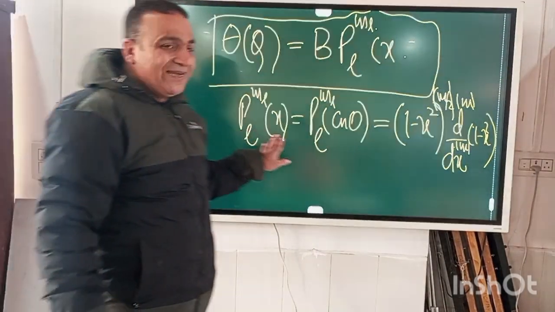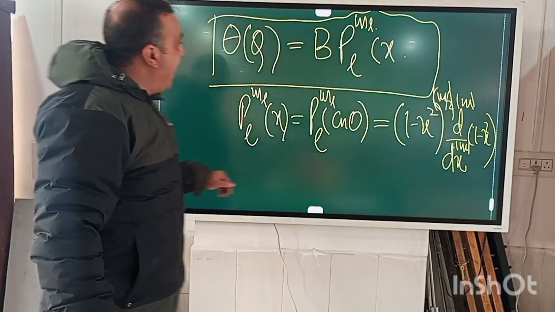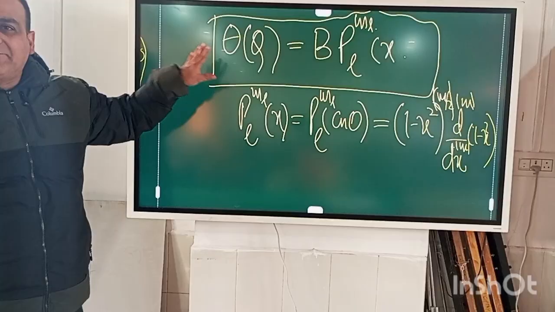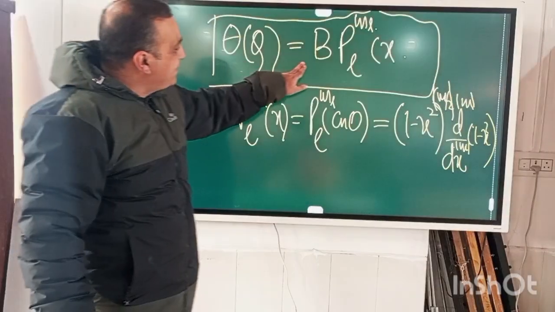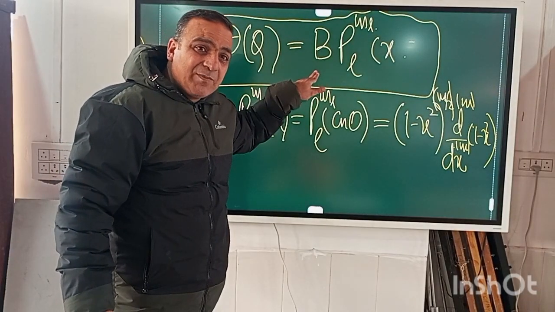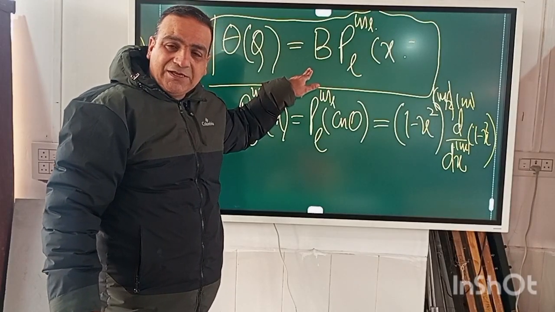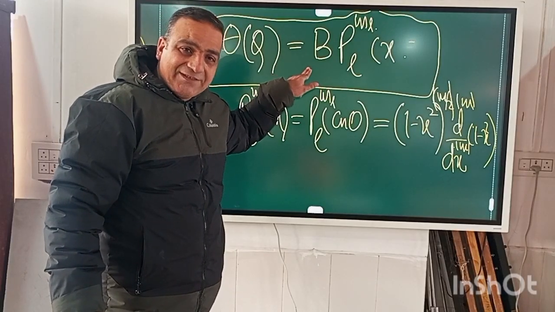This is your Legendre polynomial, and this is the solution of the associated differential equation. And what is this b? This b is a normalization constant, and we can calculate this normalization constant using the condition of normalization.